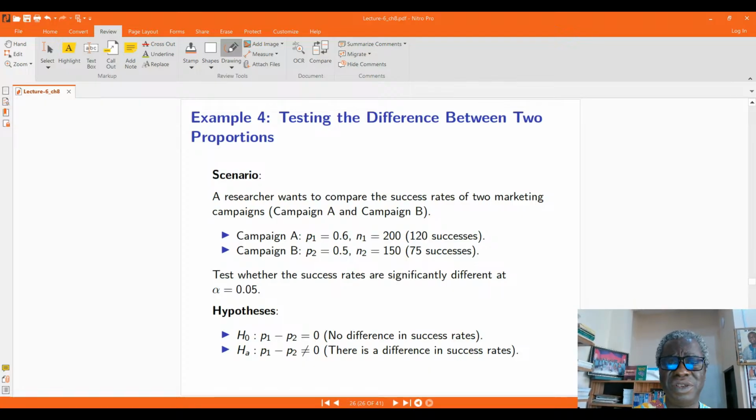So in this case, the null hypothesis is saying there is no difference in the success rate.